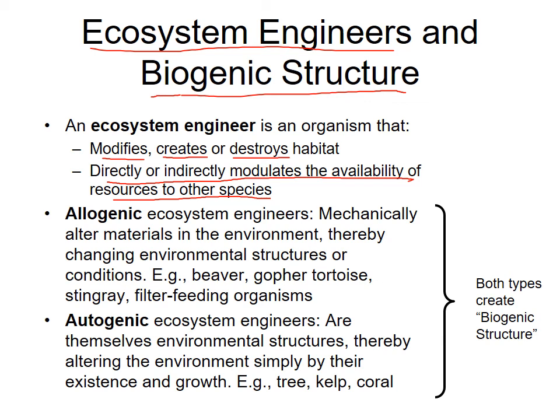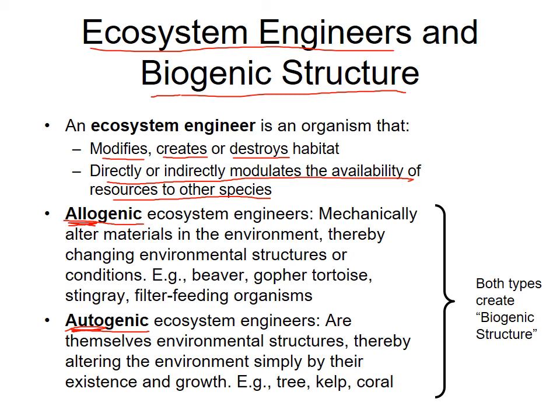So there are two types of ecosystem engineering: allogenic and autogenic. Allo means outside or different from oneself, and auto means via the self. So allogenic ecosystem engineers mechanically alter materials in the environment, thereby changing environmental structures or conditions.